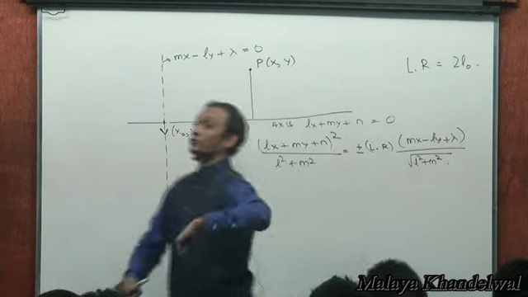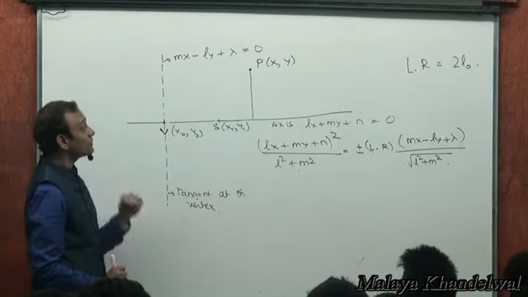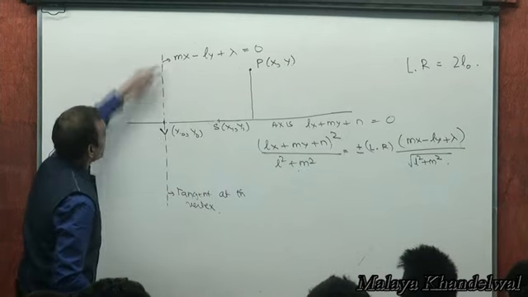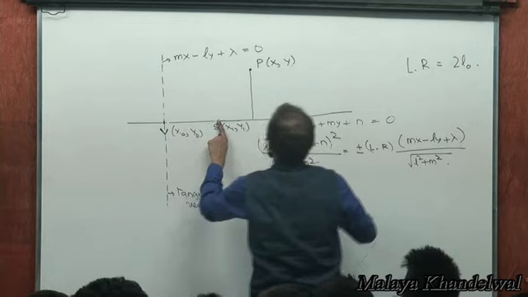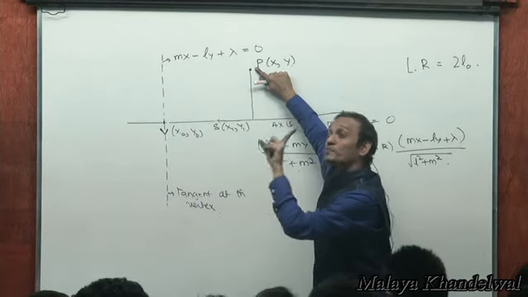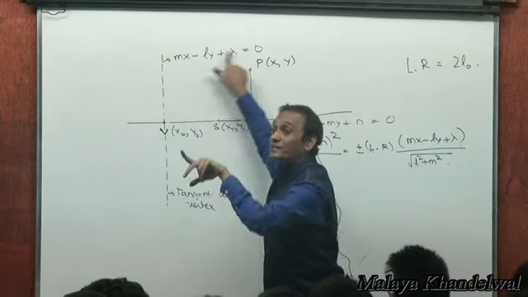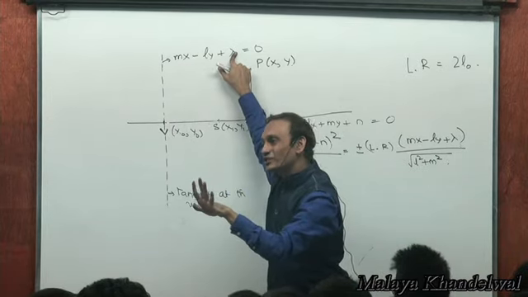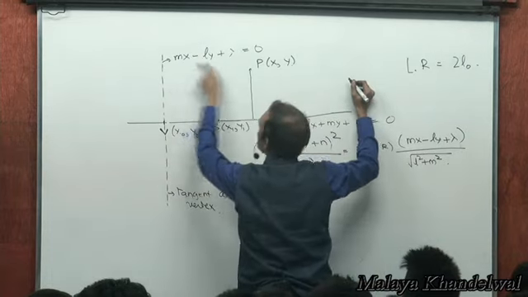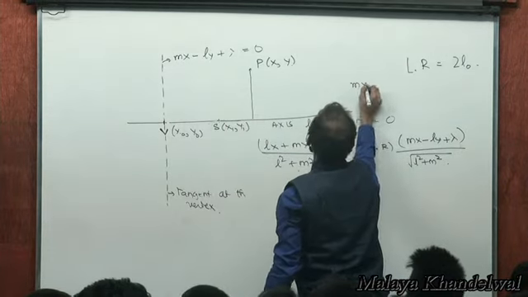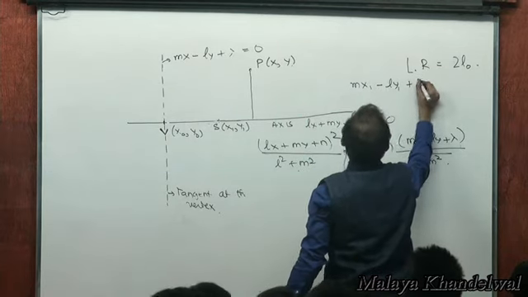The following would have to be done. Realize that this is the tangent drawn at the vertex. The focus S and the point P are on the same side of this line. Therefore, this point and this (x, y) will produce the same sign on this. Yes or no? Which means the sign produced by S in this expression is going to be the sign of mx1 minus ly1 plus lambda.